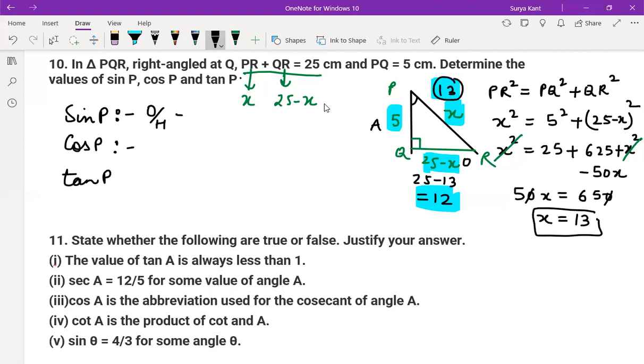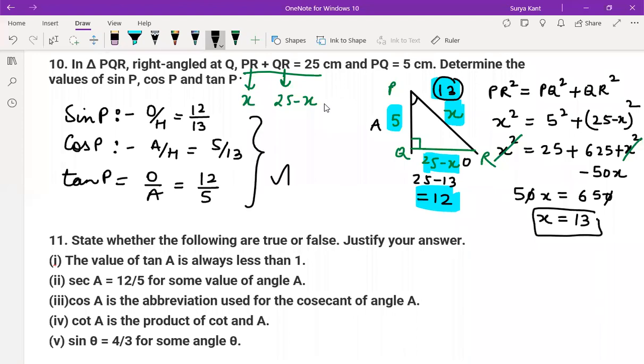That is O by H, which is 12 divided by 13. Cos P is A by H, that is 5 by 13. Tan P is O by A, that is 12 by 5. So this is your answer.